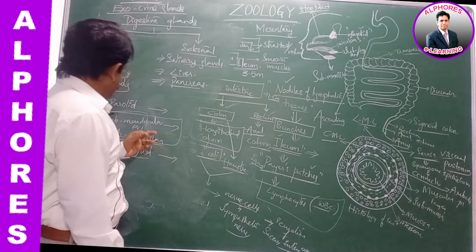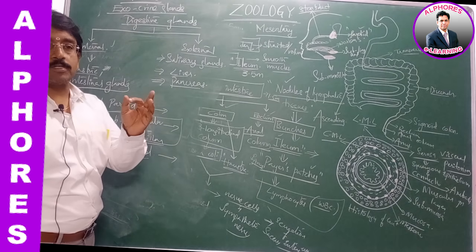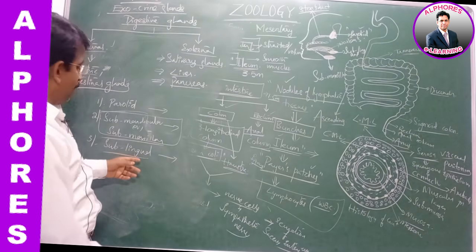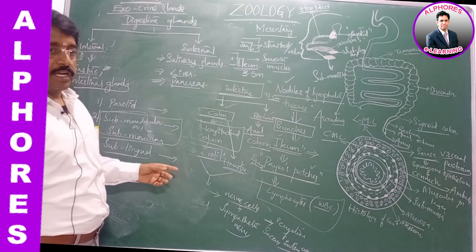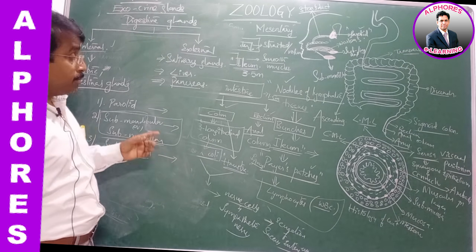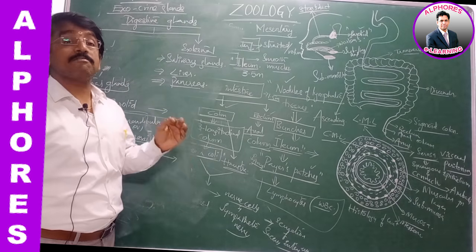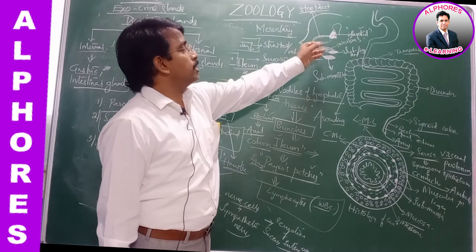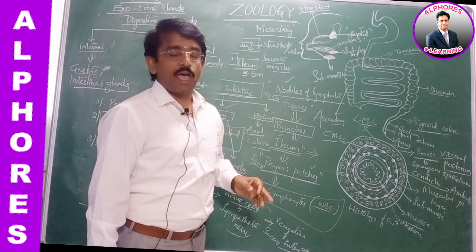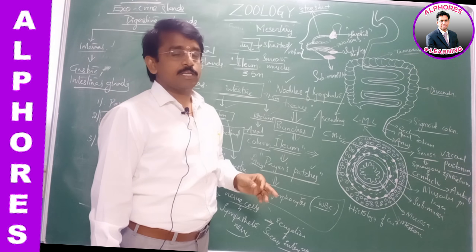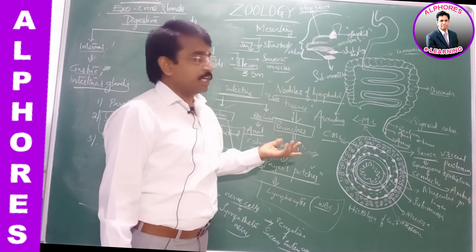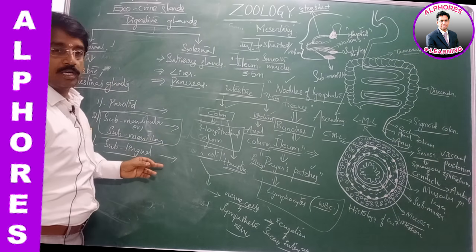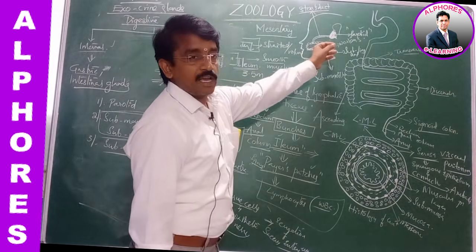Next, sublingual refers to the tongue. Sublingual salivary glands open into the oral cavity by means of the duct of Rivinus, near the central teeth, into the buccal cavity.